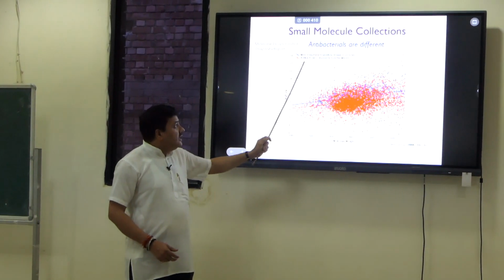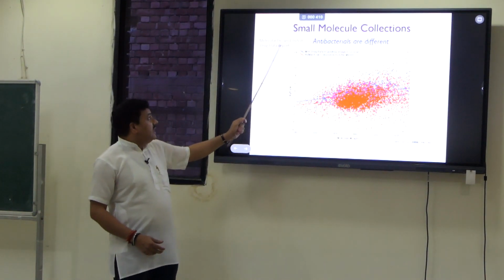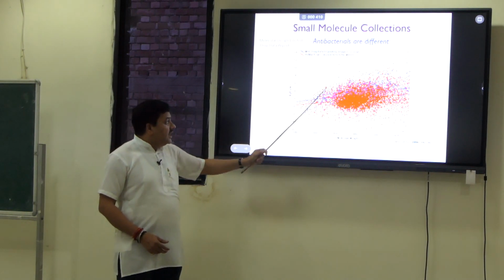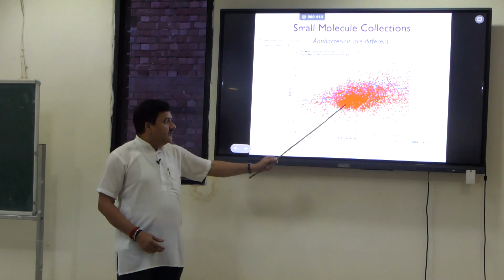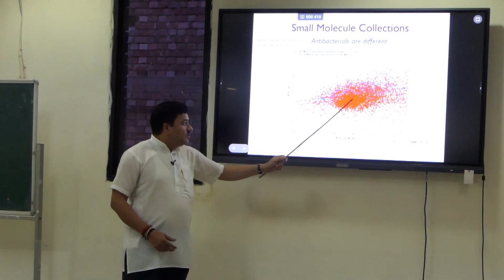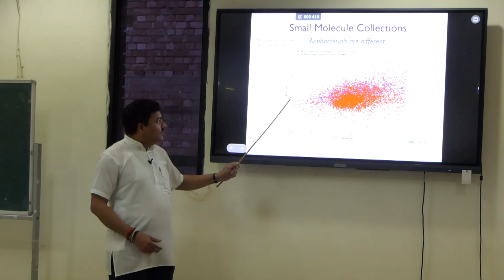But when you talk about antibacterial compounds from the MDDR, the Molecular Design Limited Drug Data Report, most of the molecules you see here are diverse, but mostly their molecular weight is around 400 and log P around 2.